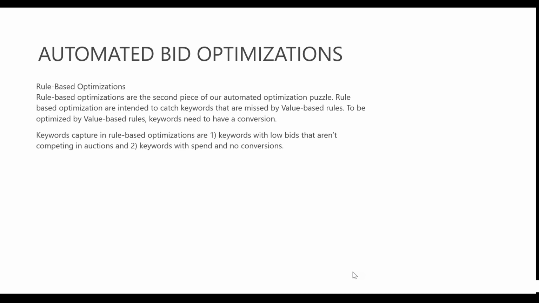We understand that there are keywords that I term investment keywords that have spend and no sales. There are keywords that are not placed in auctions, they have no impressions. Those have to be managed as well. And so we also incorporate rule-based optimizations in our automated optimization as well.